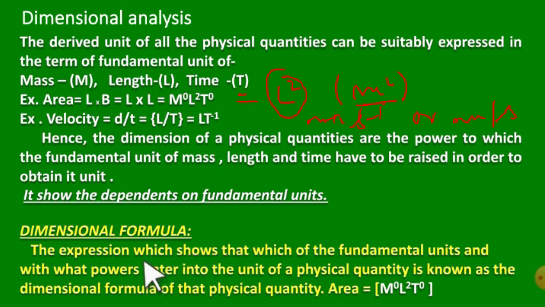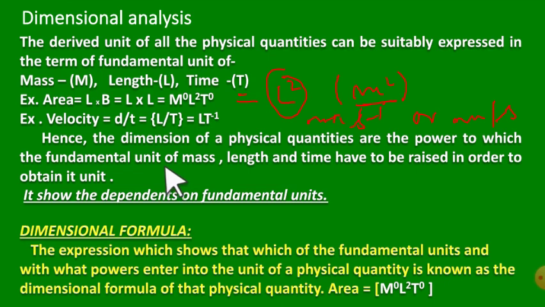But what is this dimensional formula? It is nothing but the expression that shows which of the fundamental units will be used and what is the power of those fundamental units. That expression which represents which fundamental units are incorporated and with what power is known as the dimensional formula.